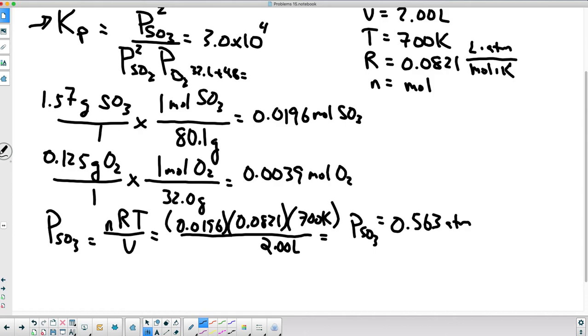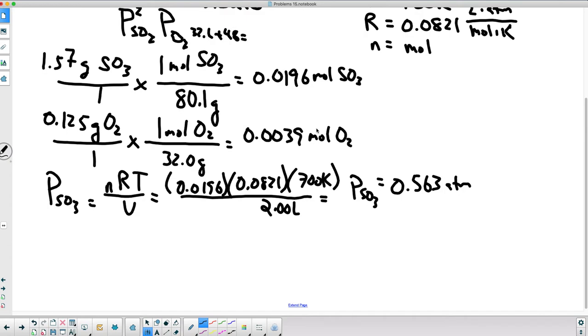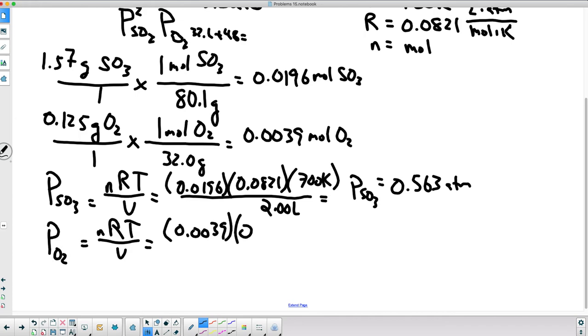I'm going to do exactly the same thing for oxygen, and it's going to look like this: pressure of O2. Again, it's nRT divided by V, so I plug those in there, and I got my 0.0039 for the moles, same R value, and same temperature.